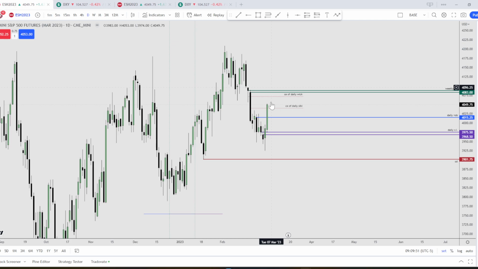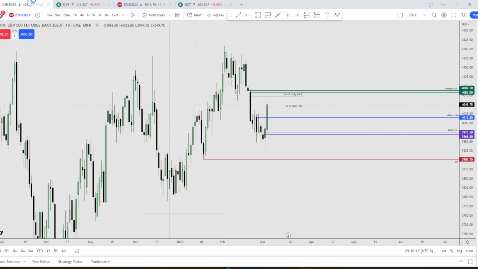And overall, higher time frame bearish price action is still to be expected until we close above the daily, weekly volume imbalance right here. Okay, that is my bias right now, right?